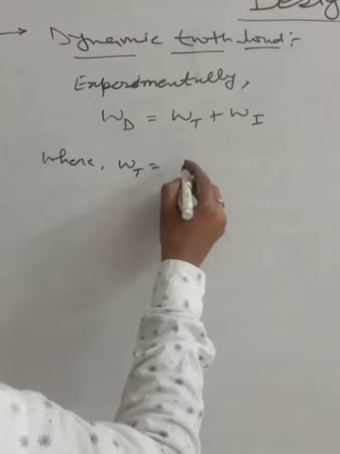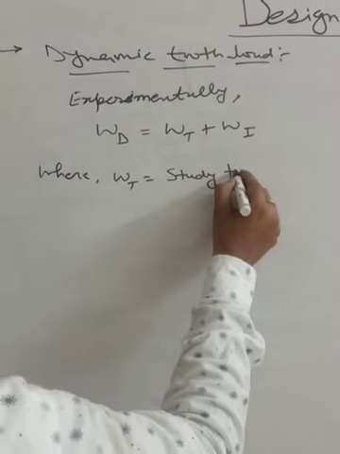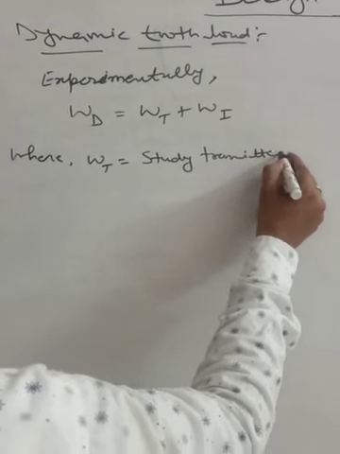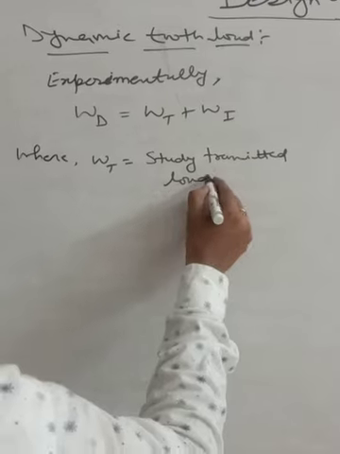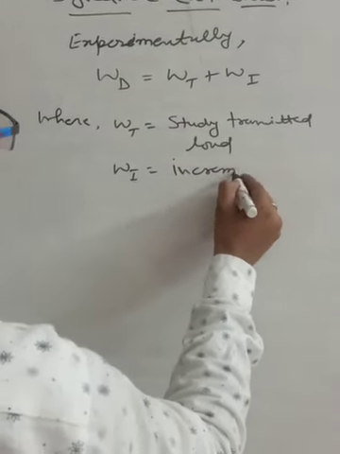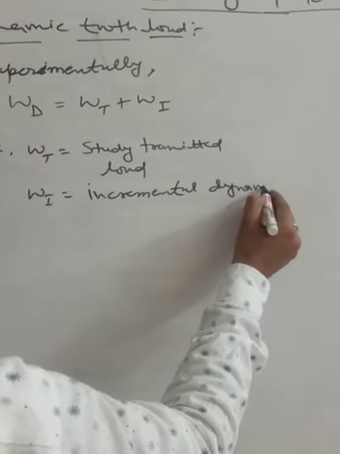which is equal to Wt plus Wi, where Wt is your steady transmitted load, and Wi is the incremental dynamic load.